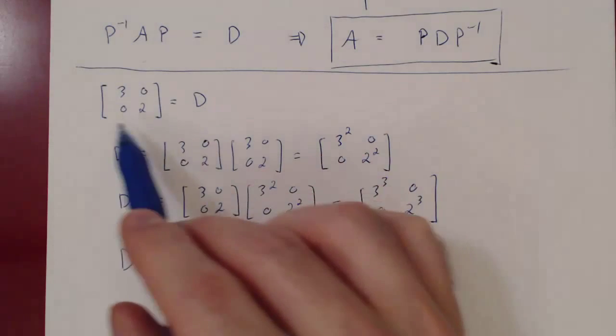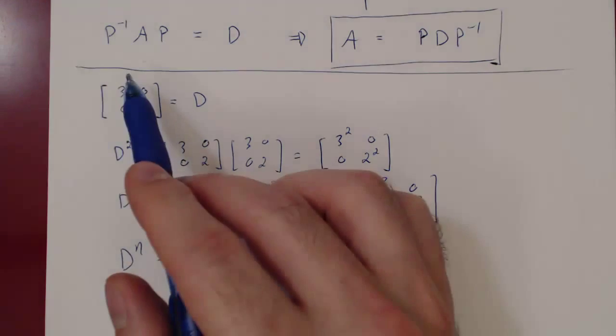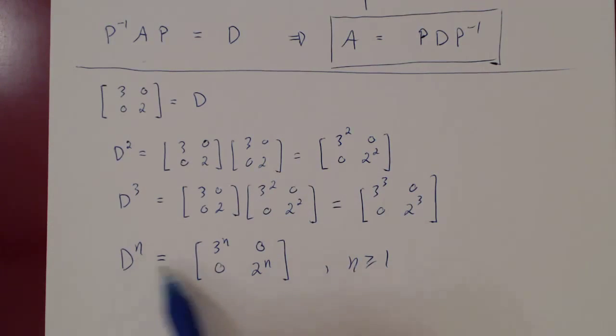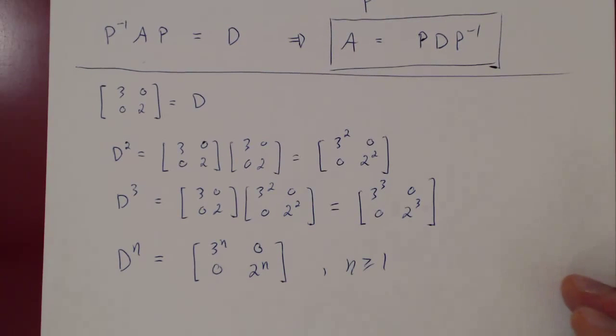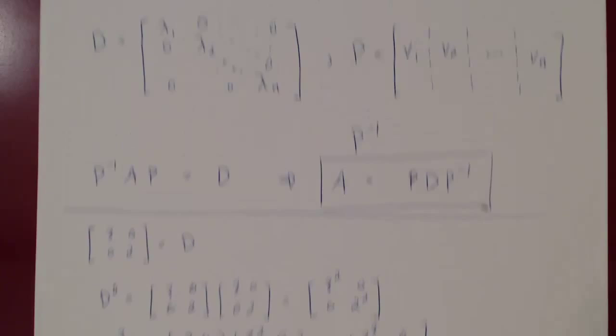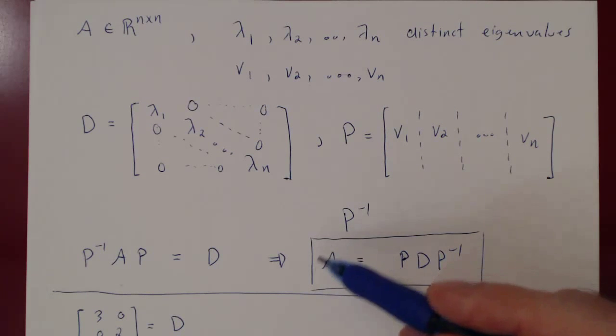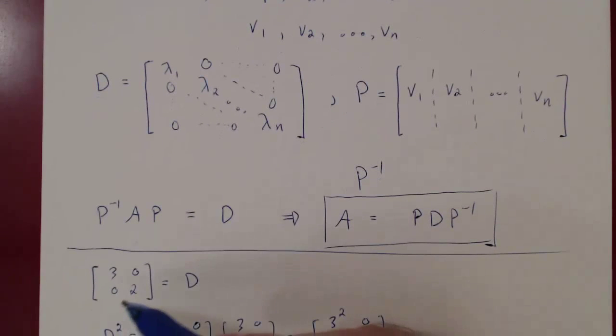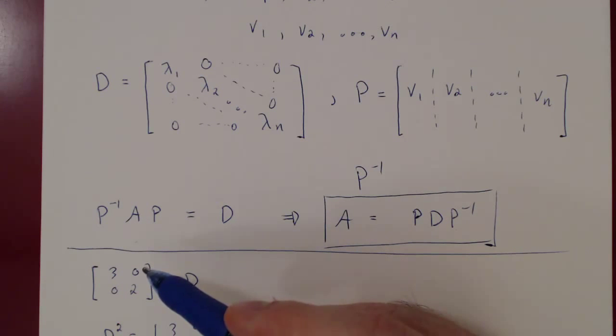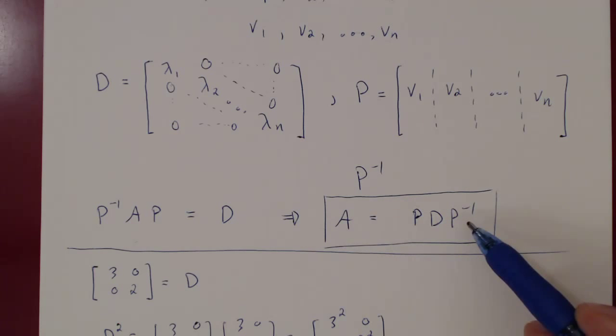If you have a diagonal matrix, it's very easy to find its powers. You simply raise the diagonal entries to the exponent. And this will be the application we'll consider in our next video. We'll say, well, what if we wanted to find a really high power of a matrix that is not a diagonal matrix? Why would this be nice?